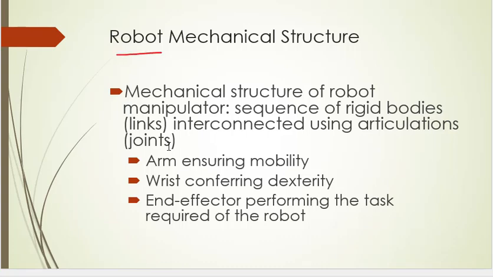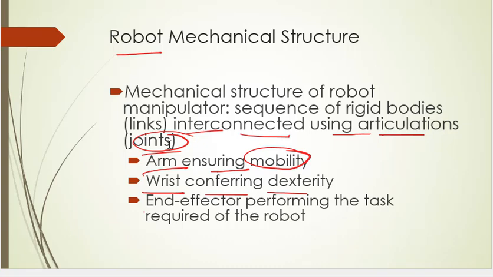The mechanical structure of robot manipulators is a sequence of rigid body links interconnected using articulated joints. The arm ensures mobility, the wrist confers dexterity, and the end effector performs the task of the robot.